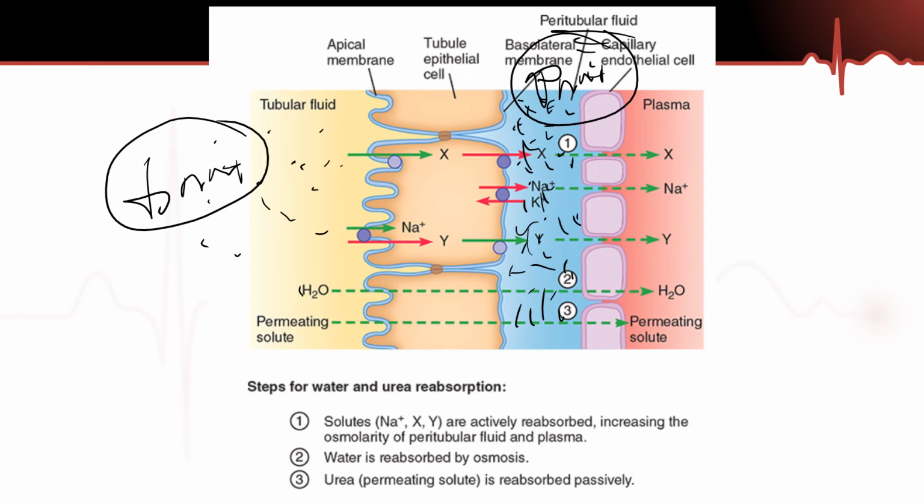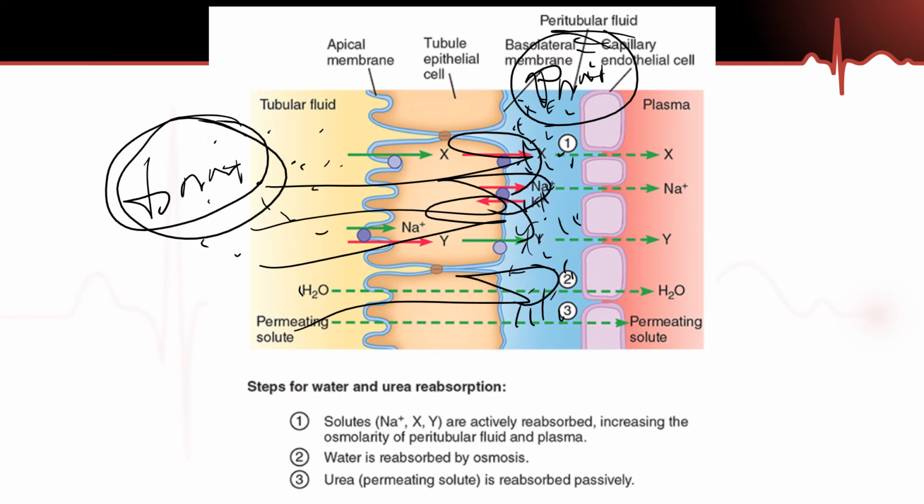So by consequence, the concentration of sodium within the plasma inside of the lumen of the proximal convoluted tubule will fall, and the concentration of sodium within the interstitial or peritubular fluid will rise, because we just keep bringing more and more sodium from the lumen into the peritubular or interstitial fluid.